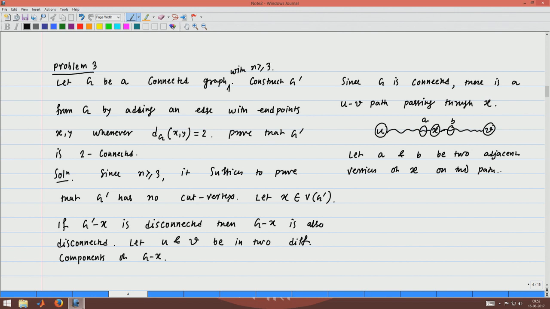Then you see that the distance between A and B in the graph G is equal to 2. So, A and B will be adjacent in G prime.